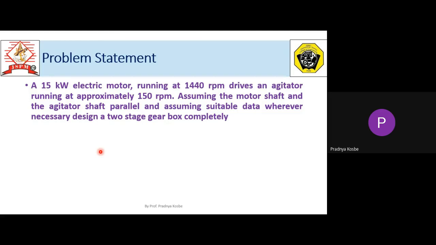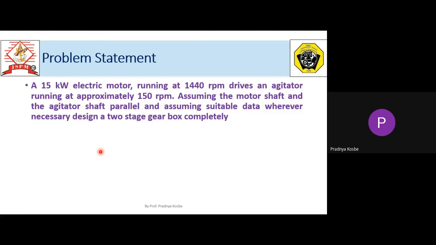Input speed is 1440 rpm. Output speed is 150 rpm. And what is the application? The agitator is the application for which we will design a gearbox.